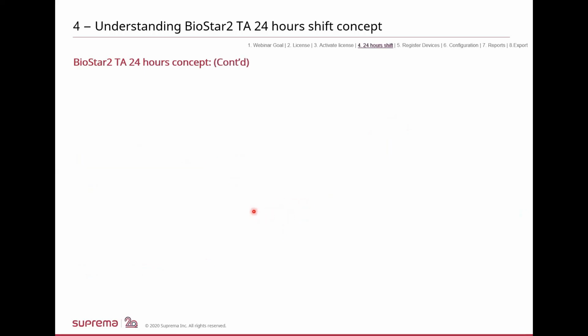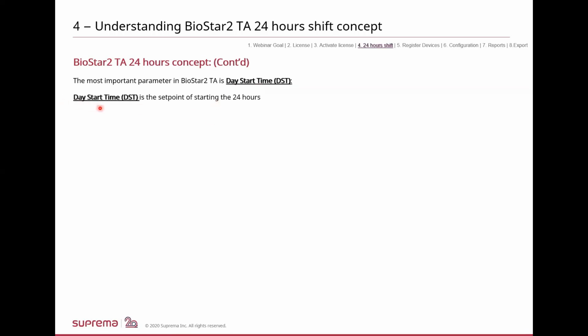Okay, now one of the most important parameters in BioStar 2 Time Attendance is called day start time. Day start time is the sensitive parameter with the 24-hour shift, because this is the starting point of the 24-hour shift. Let's try to understand that.